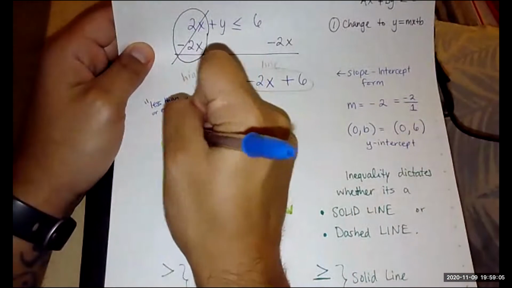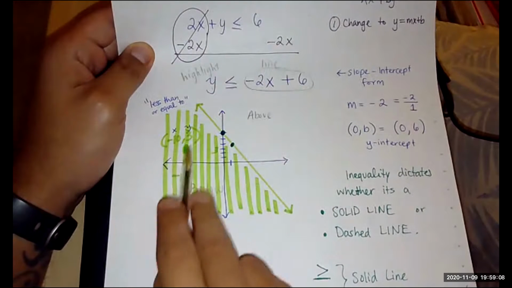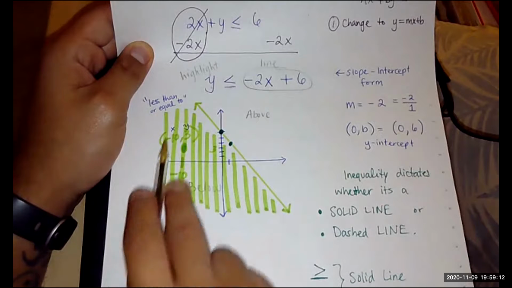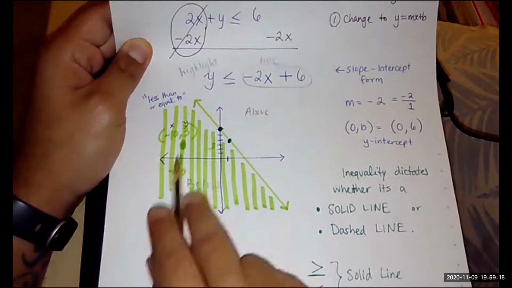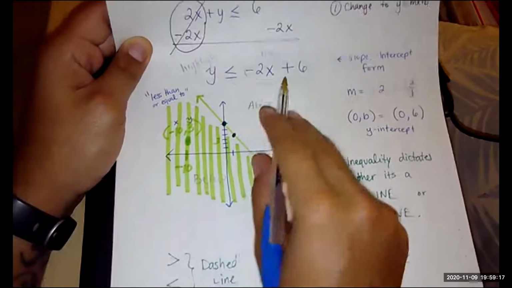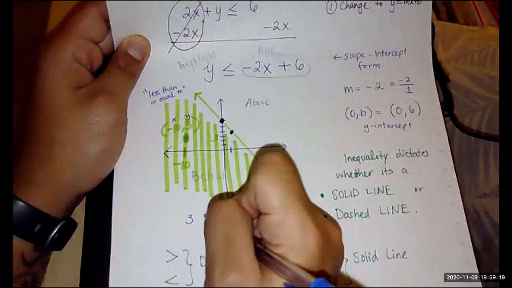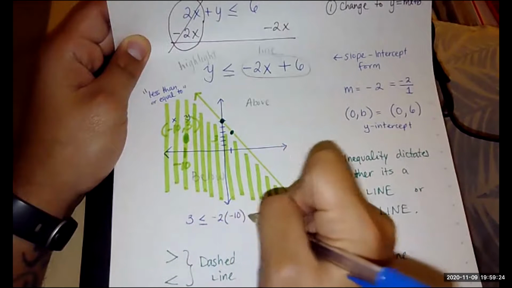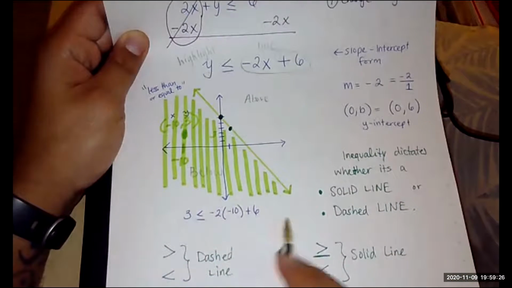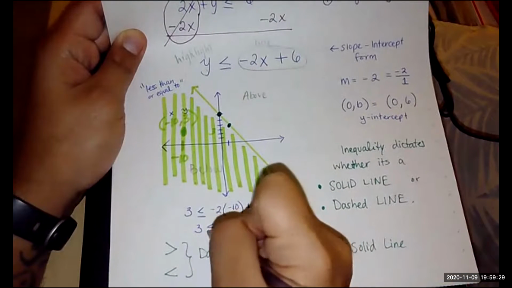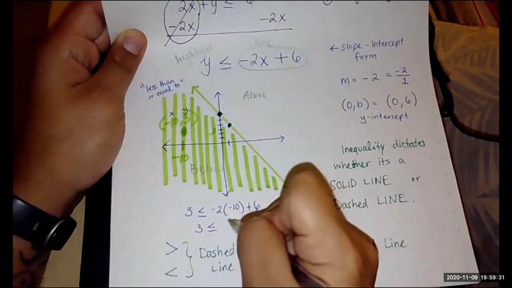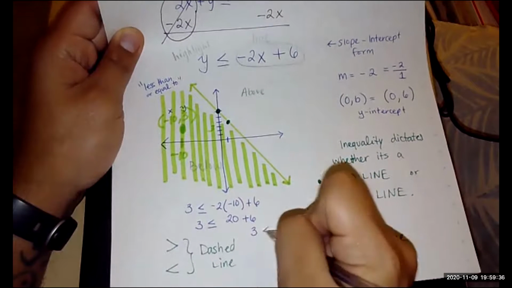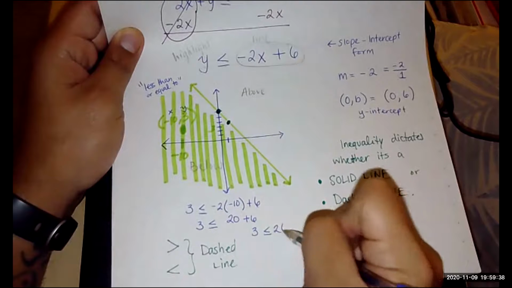If this is my x and this is the y that I choose, and if this is in the highlighted region, that's the solution set, all of the points in this region. Then if I plug these two numbers into the equation, I get 3 is less than or equal to -2 times -10 plus 6, and if I simplify this, I get 3 is less than or equal to +20 plus 6, which is 3 is less than 26.